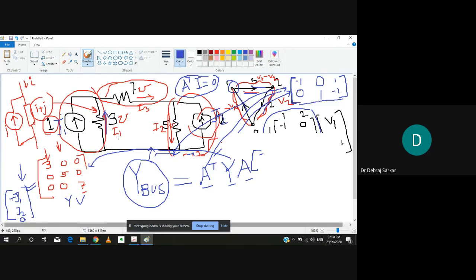Let all of you try, and I will write it. I'm not going to do the multiplication; I'm going to write it directly, and you're going to tell me how I did it. This is the bus admittance matrix.